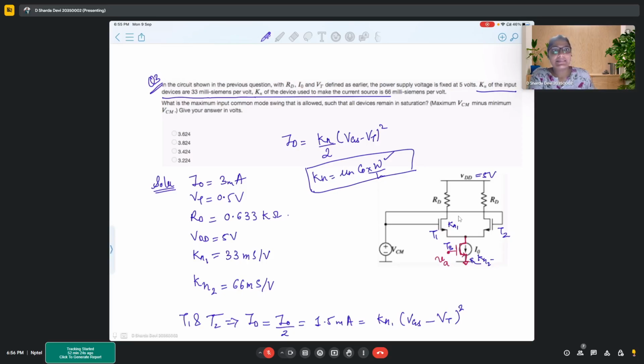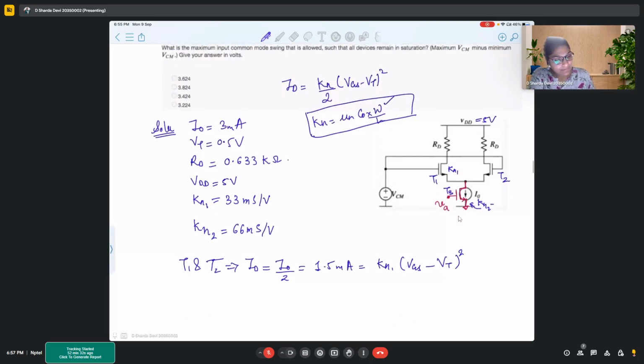Okay, so let's move ahead. For finding the currents, we know the constants, we know the VT, that is the threshold voltage. What we need to find out is VGS, that is the gate voltage.